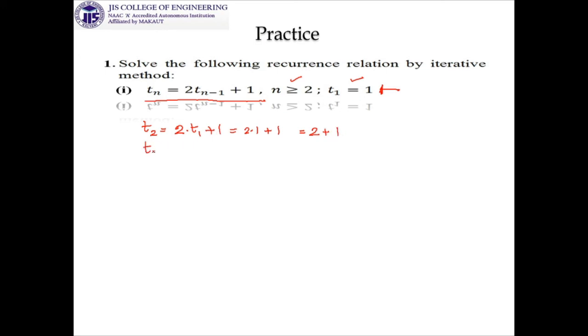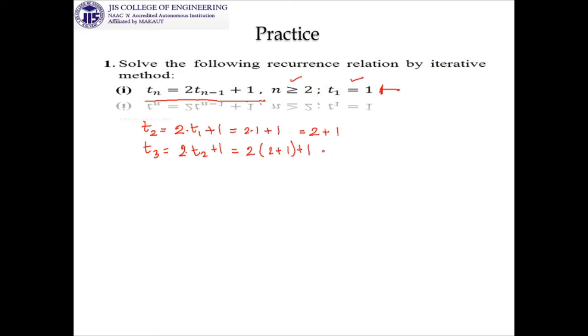So now our job is to calculate T3. Then it will be 2 into T3 minus 1, that is T2, plus 1. T2 is already calculated: 2 into 2 into 1 plus 1, plus 1.